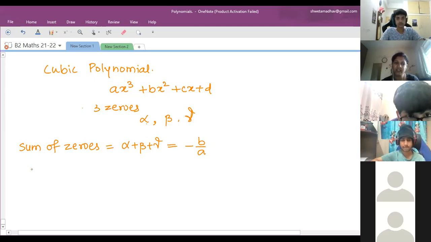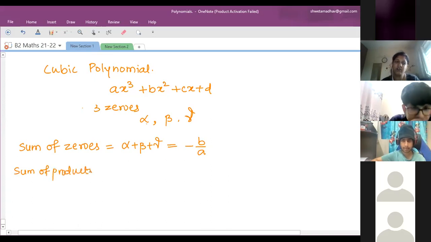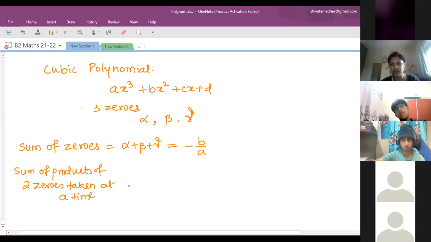Now the second relation is the sum of products of two zeros taken at a time. This means we take the product of two zeros at a time, and then finally the sum of those.